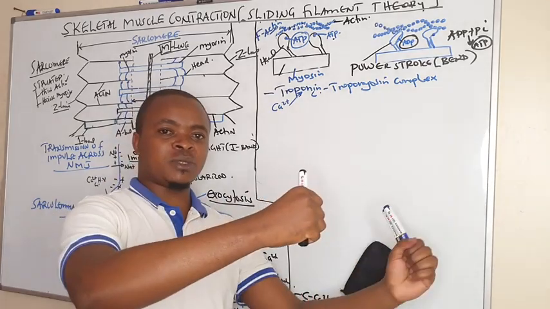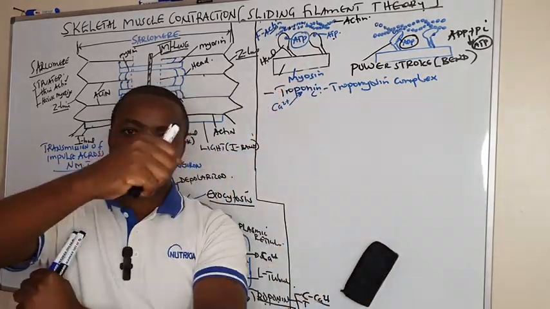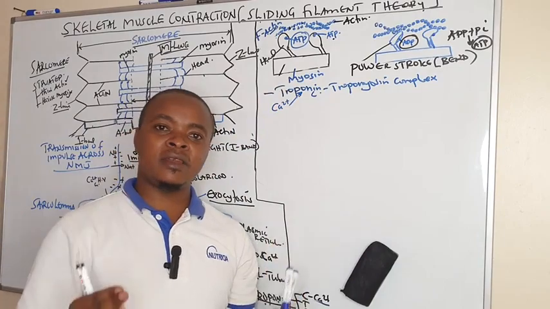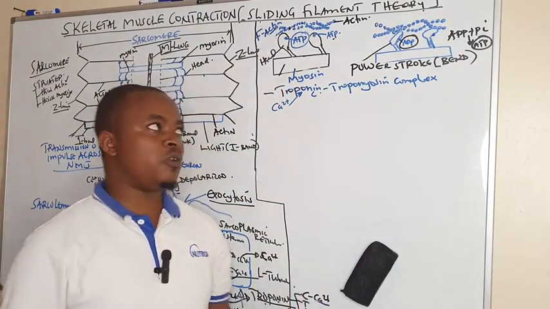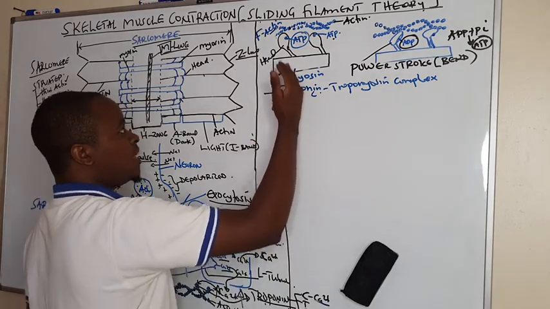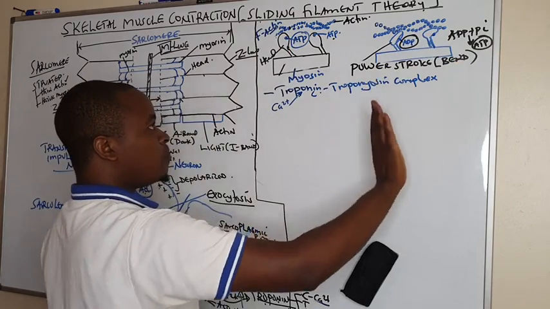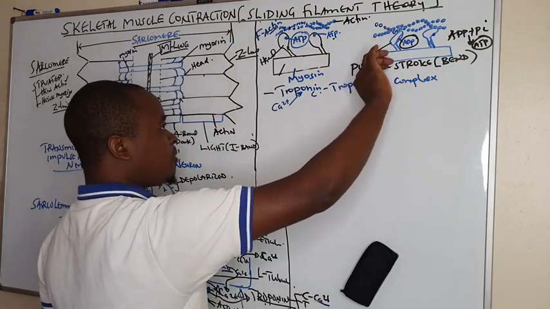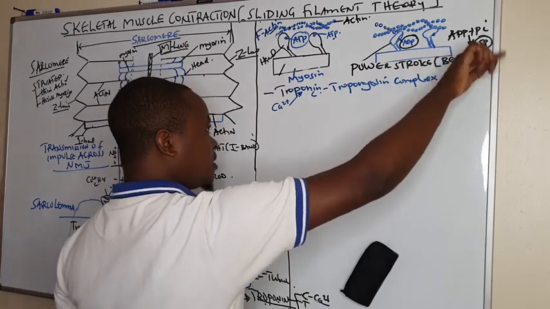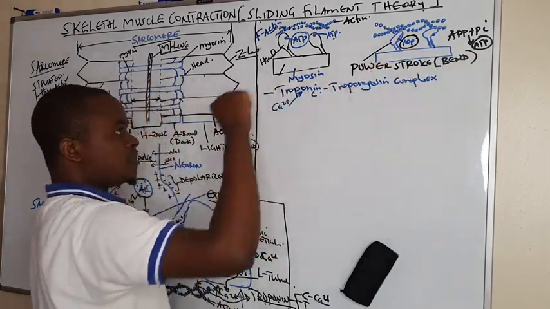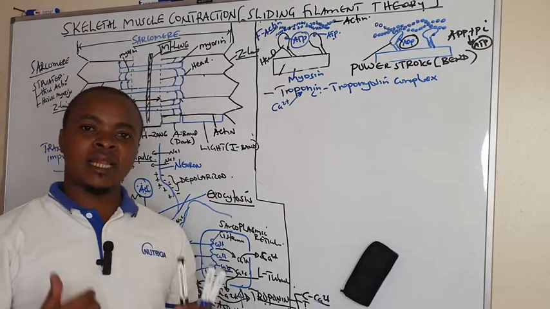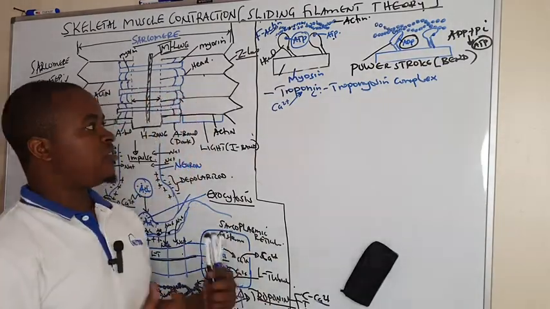The same thing comes back, binds, pulls. That is what we are calling sliding filament theory. Every time the myosin head binds, it causes a power stroke and pulls along. It binds, causes a power stroke, pulls along. Resynthesizes ATP like that, and this is what we call sliding filament theory.